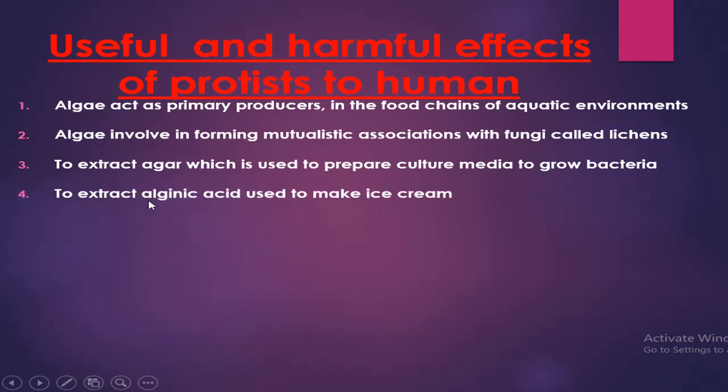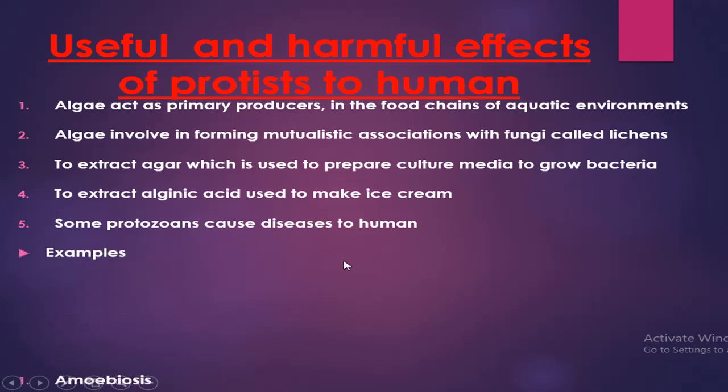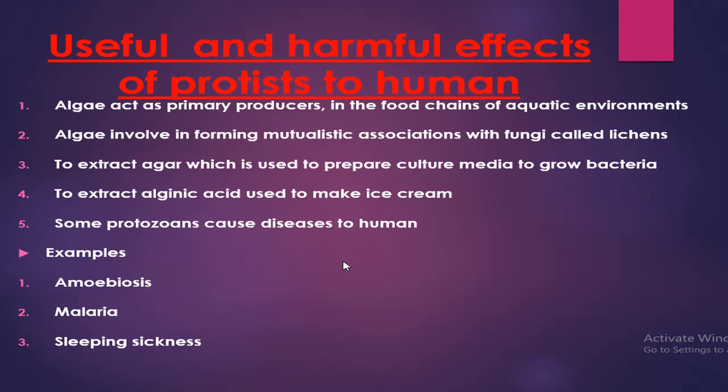Next, to extract alginic acid, which is used to make ice cream. Some protozoans cause diseases to humans. For example, amoebiasis, malaria and sleeping sickness are diseases caused to humans by protozoans.